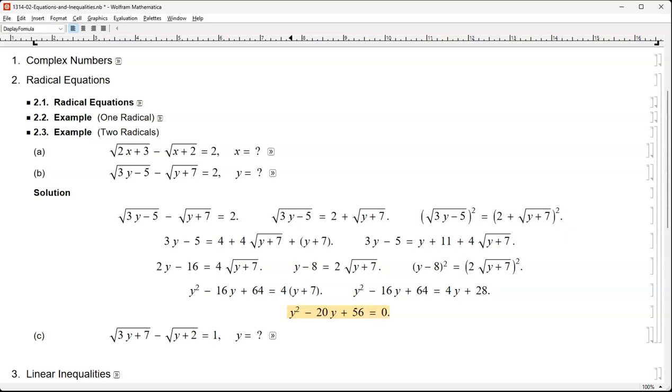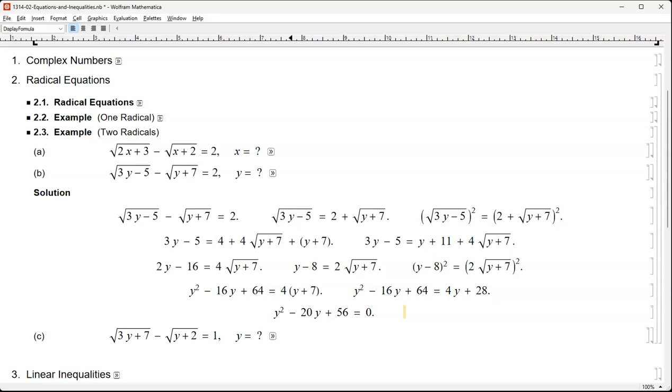Can you factor this? It's not too bad, it's monic. And if everything fails, then you can always use the quadratic formula. 56, 6 times 9.